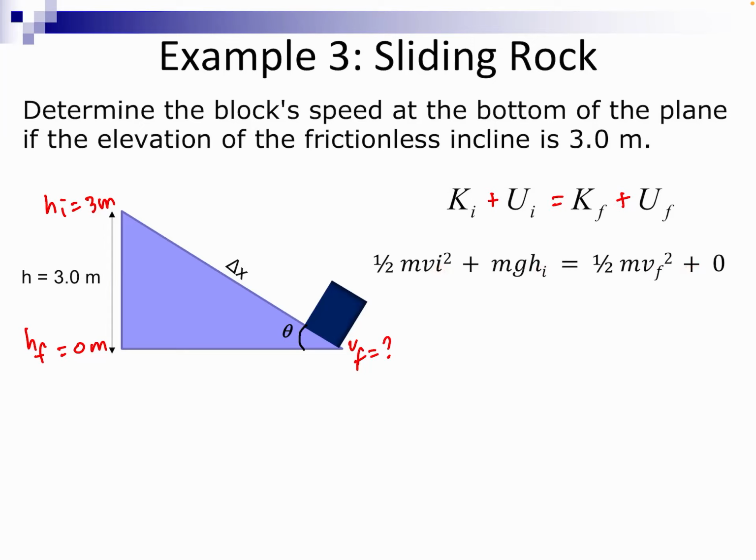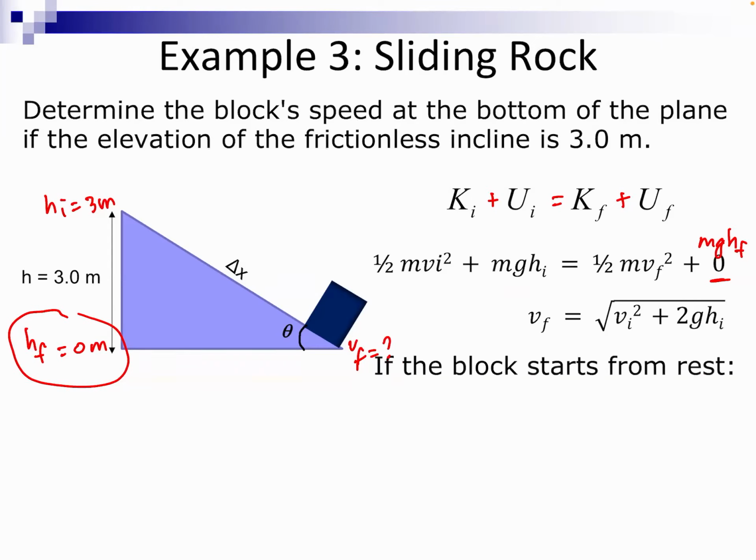This is of course mghf. We put hf to be 0, so I've substituted 0 there, and then I rearrange. If the block starts from rest, then we can also put VI to be 0, and we have the expression for VF. We can find VF easily: 7.7 meters per second.